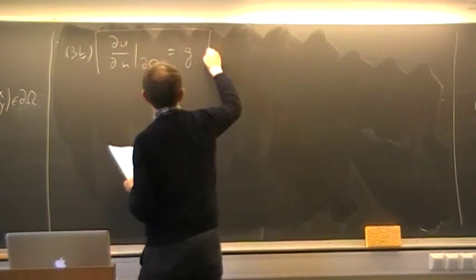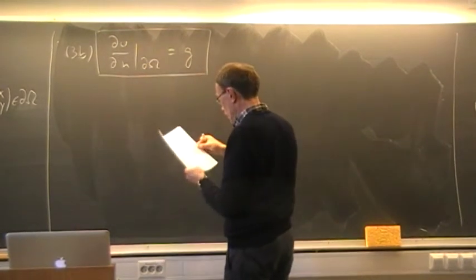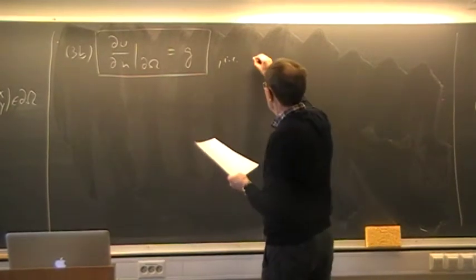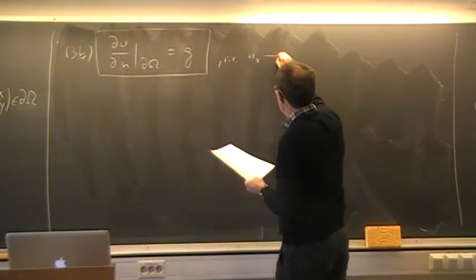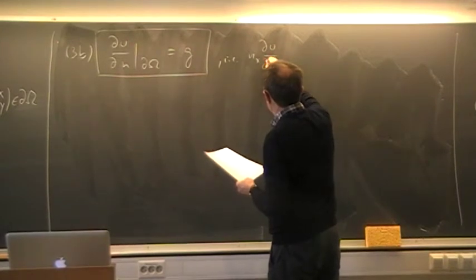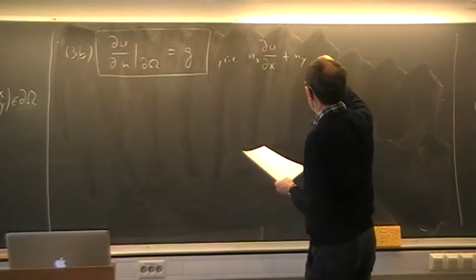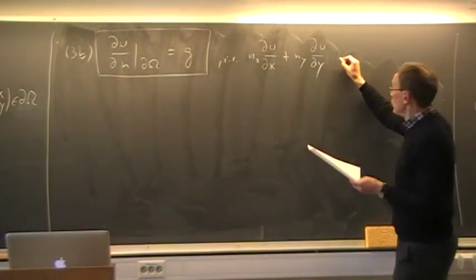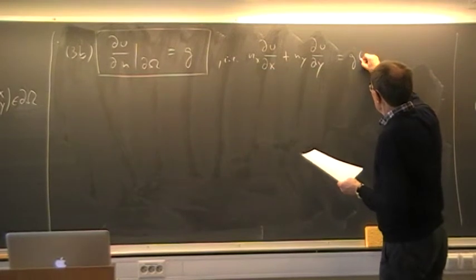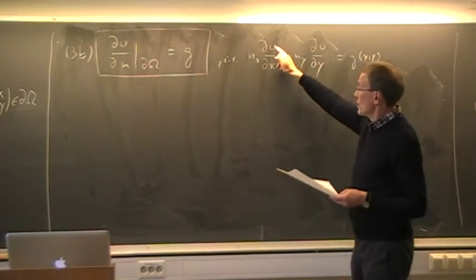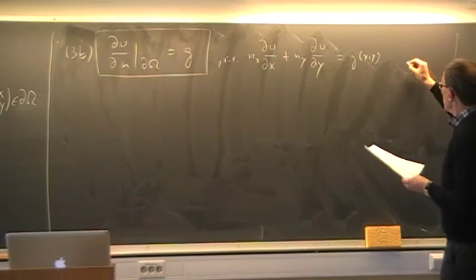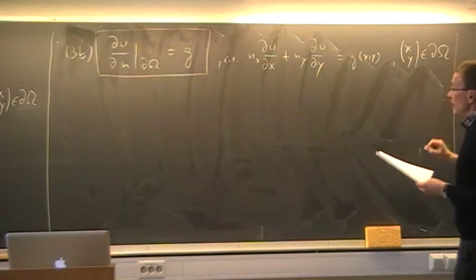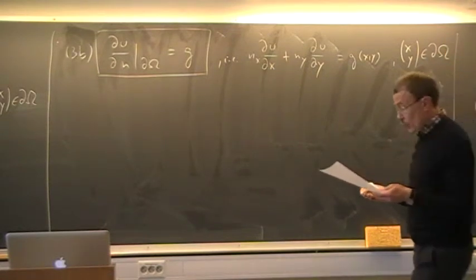That is supposed to mean the following: the normal derivative can be expressed with the x component of the normal vector times du/dx plus the y component of the normal vector times du/dy, and that is equal to g. Say I write it in this form. Here we should also write everywhere (x,y). I don't write it. That would be for (x,y) on the boundary of omega. That is called a Neumann boundary condition.